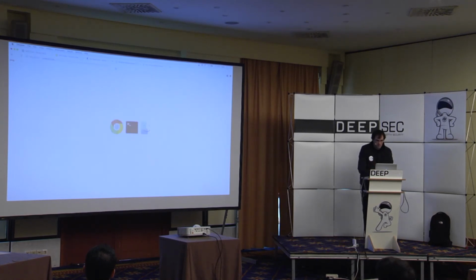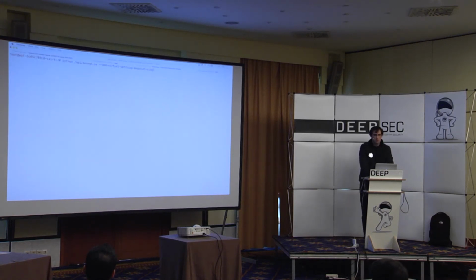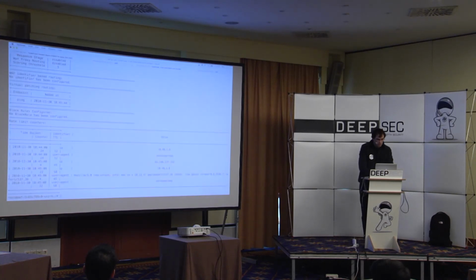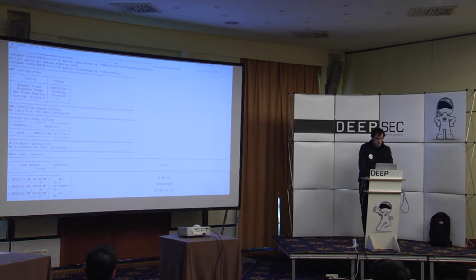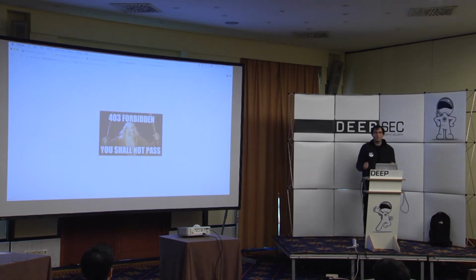This is fine. But let's say that we say, OK, we know that this ping endpoint is vulnerable, so it has attacks. So what we basically do is add the ping endpoint as a virtual patching endpoint, which means that now the configuration, there's no IP address here, but my endpoint is patched, which means that now I'm blocked.